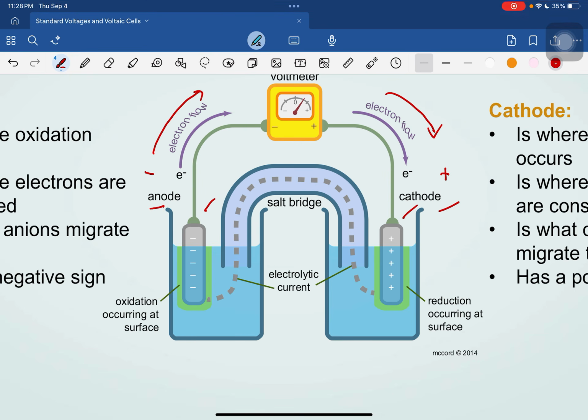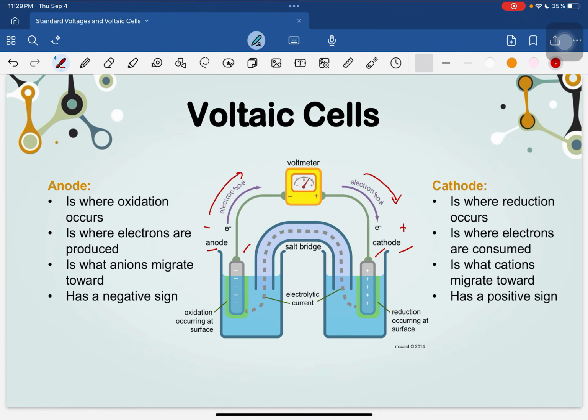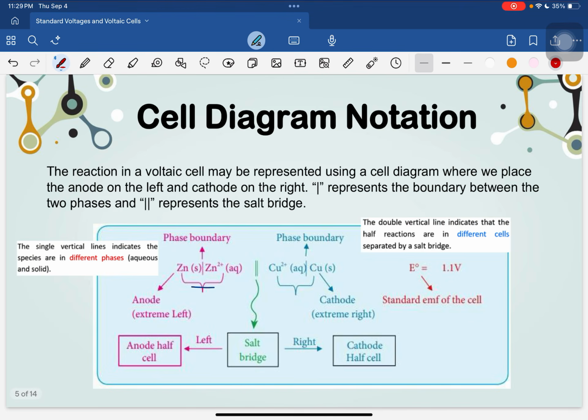In between our two electrodes will be a salt bridge to facilitate the movement of the chemicals. The difference is what you call your potential difference. This is just a very simple illustration of how a voltaic cell works.